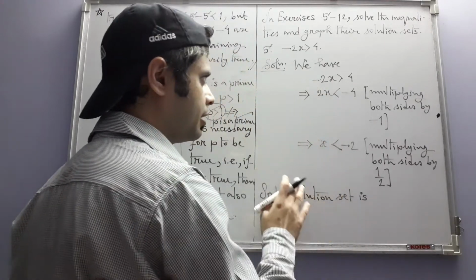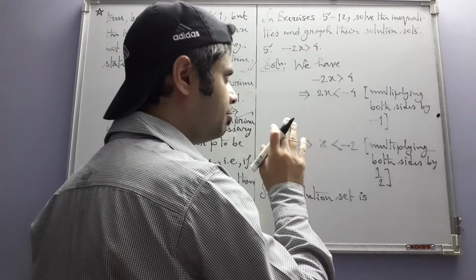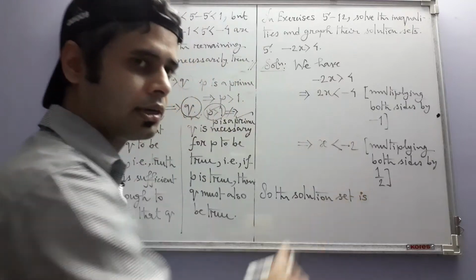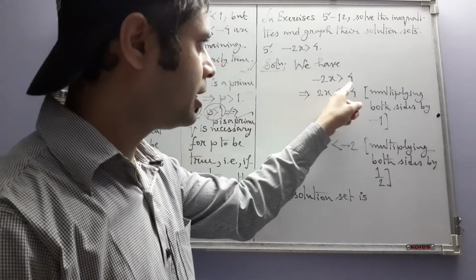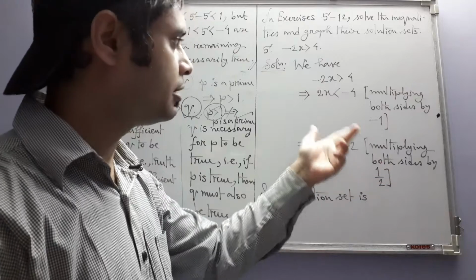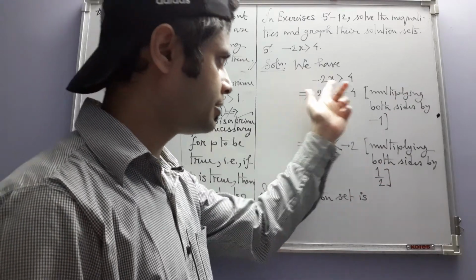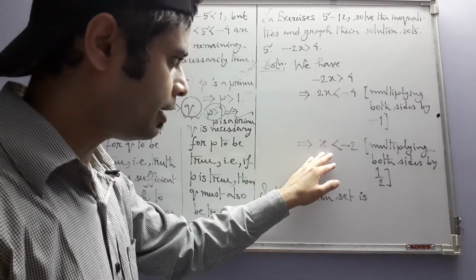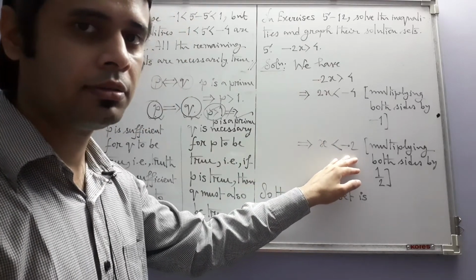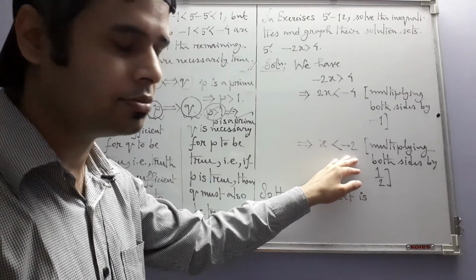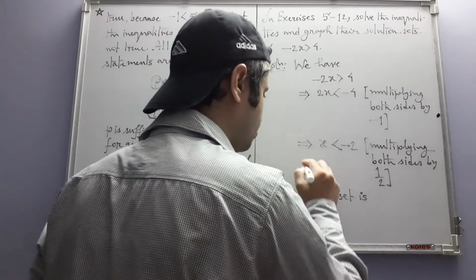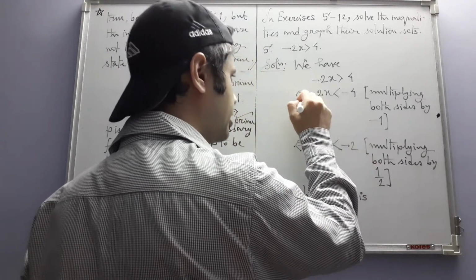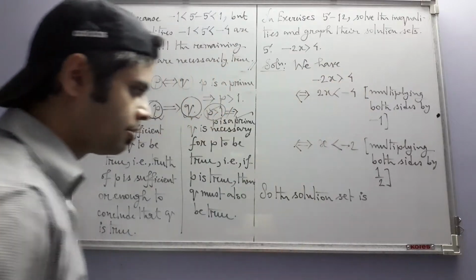What is happening here actually? What does it mean for us to write this inequality and then get this inequality? Here when we are writing this, we are assuming that x is a real number that satisfies this inequality. Then it implies that x has to be a real number less than minus 2. And if you go back, if x is a real number less than minus 2, then also x satisfies this inequality.